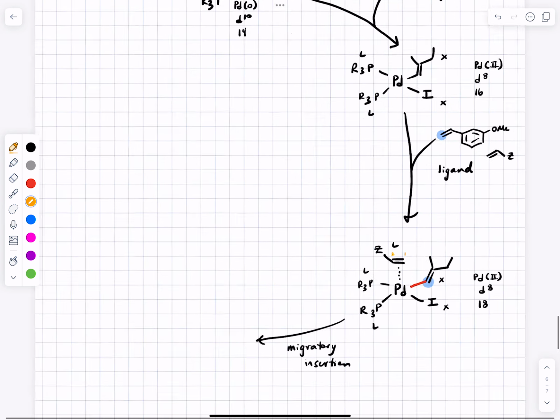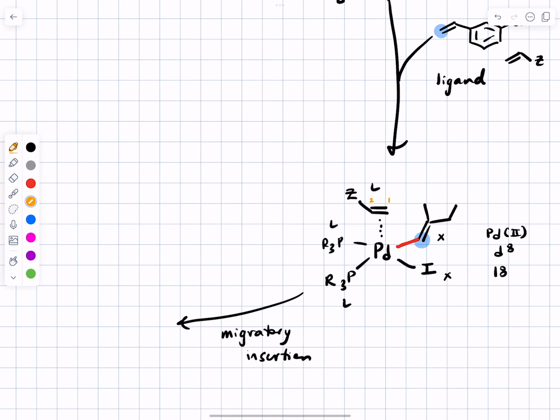And I'm sorry, I think I just switched our colors. So let's have this be our orange carbon, and then let's have the olefin portion be blue 1 and blue 2. So we're going to take the electrons in the carbon-palladium bond and we're going to have them attack carbon 1. At the same time, the pi electrons from the pi bond between 1 and 2, the ones that are coordinating palladium anyway, are going to form a full bond with palladium.